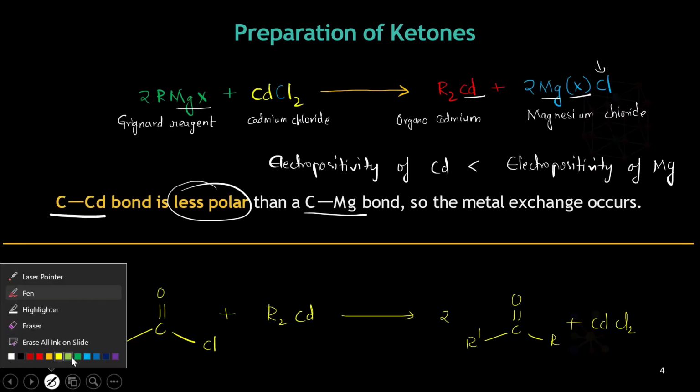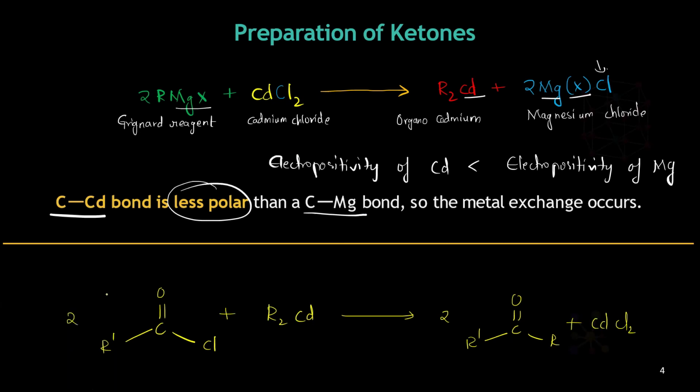Write these points. First, why does metal exchange occur? What is the main driving force for the metal exchange to happen? Metal halide is added to the Grignard reagent, that's okay, but what is driving the reaction?